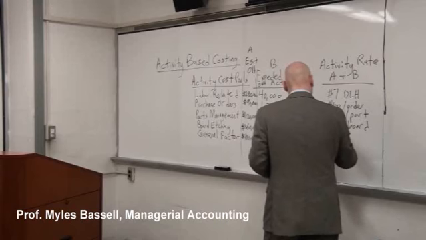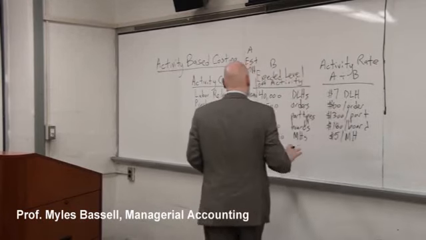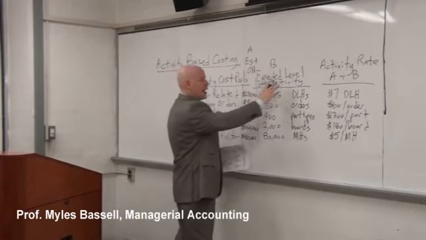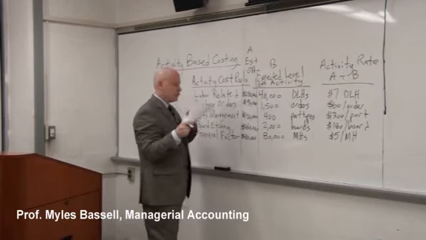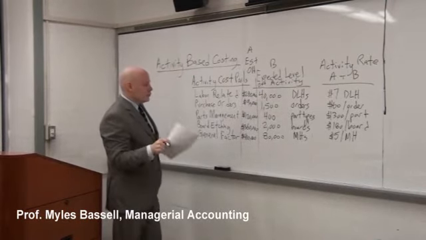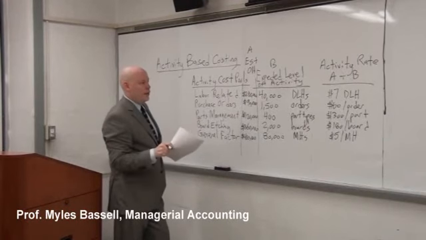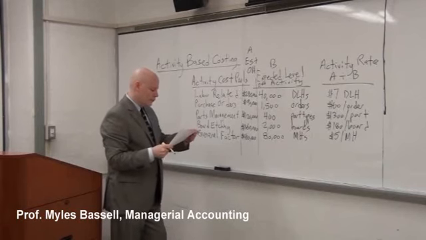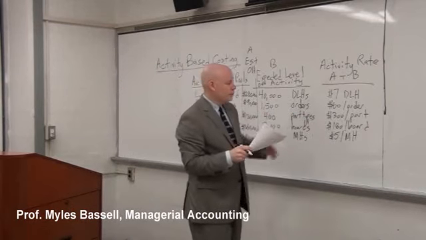And $5 per machine hour. So what we did was we took the estimated overhead and divided that by the expected level of activity. And that's how we got the activity rate. So what we've calculated just now is the activity rate.